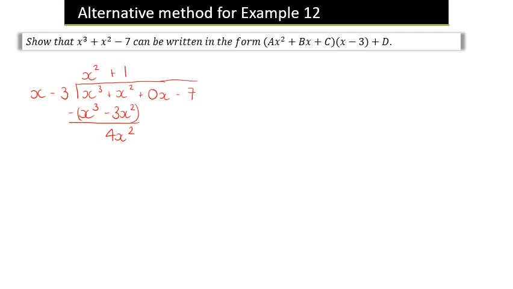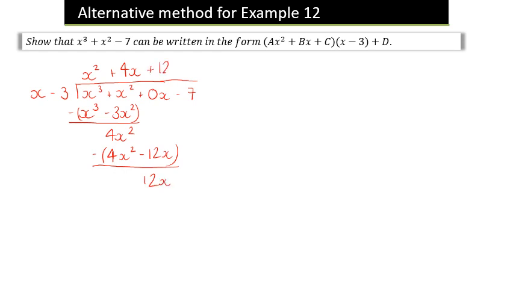So plus 4x squared minus 12x. Subtract those away. X squareds cancel, 0 take away negative 12 is 12x.